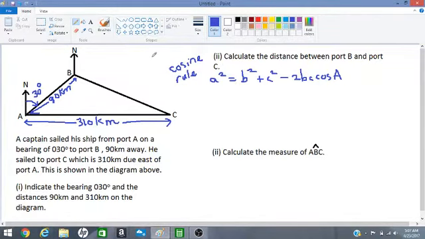Alright, so let's identify small a, small b, small c, and capital A. Alright, so in red, let's have small a as the one we want to find. So small a will be this distance. Okay, small b could be this distance from A to C. And small c could be this distance from A to B. Alright.